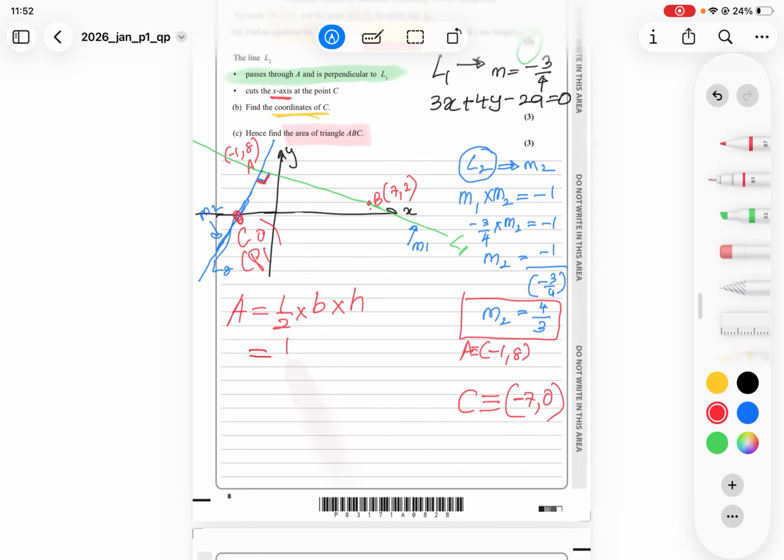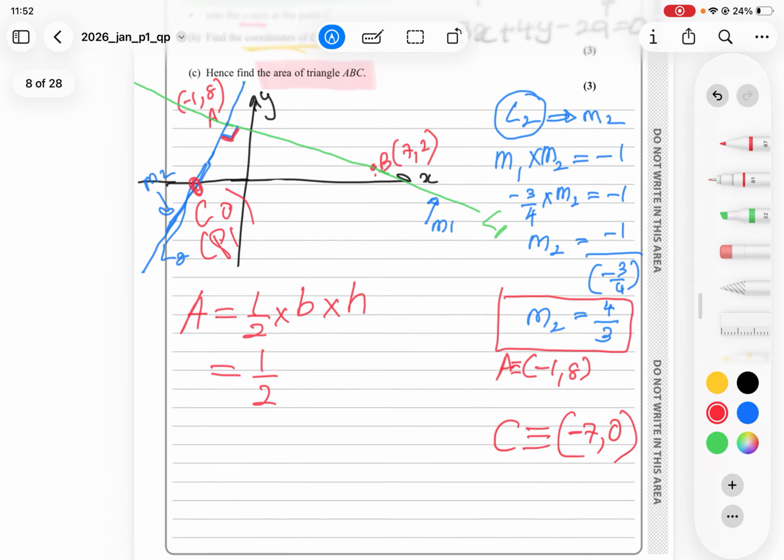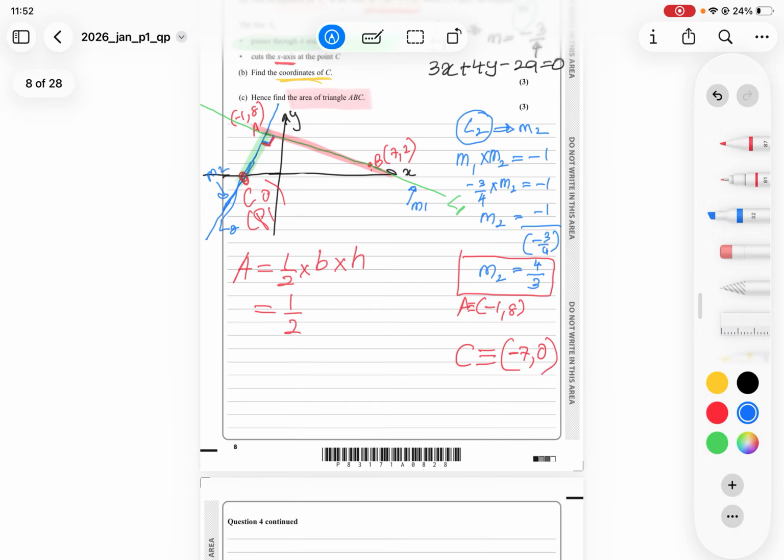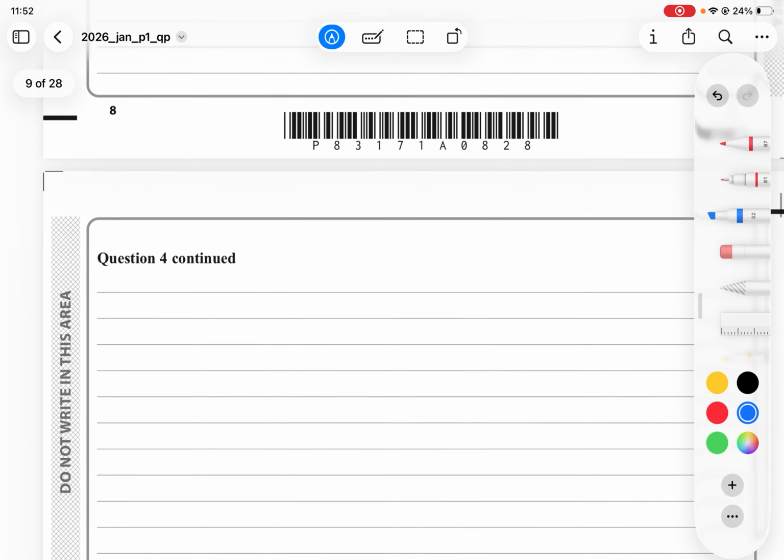So in this one we can take the half. If we take this as the base, we can take this as the height. So how to get the distance? To get the distance, if we know two points, we have an equation.